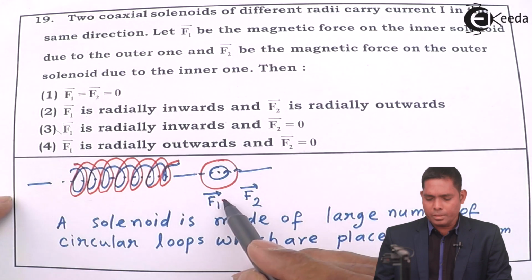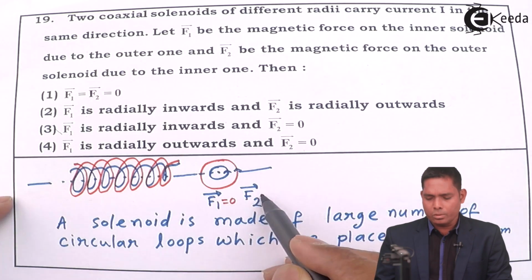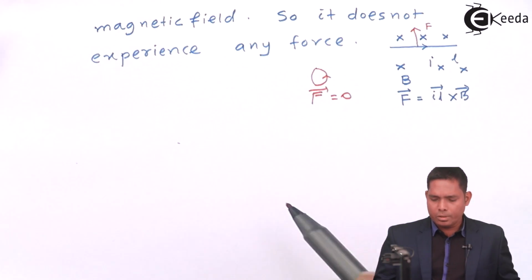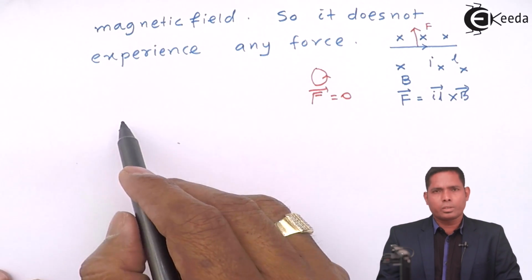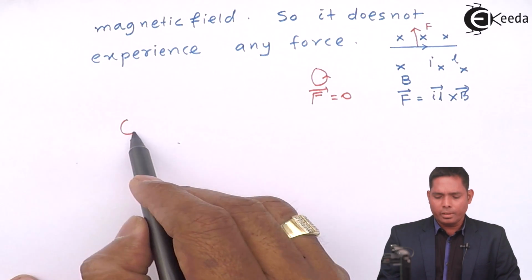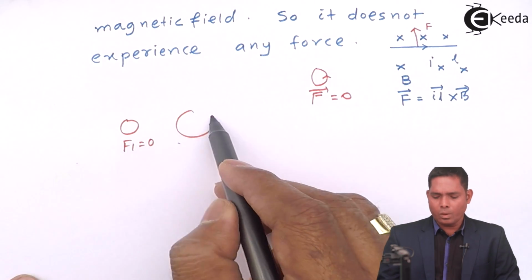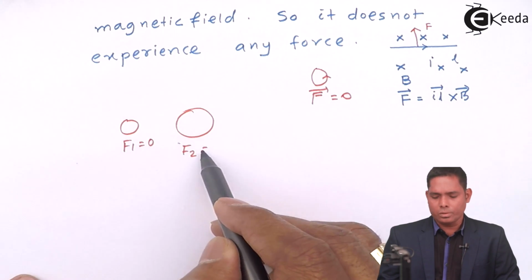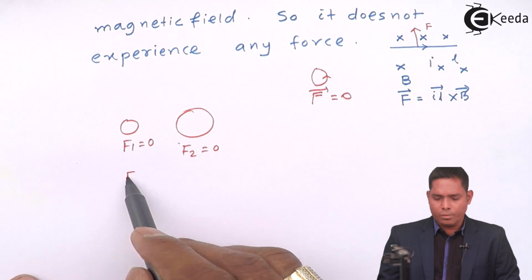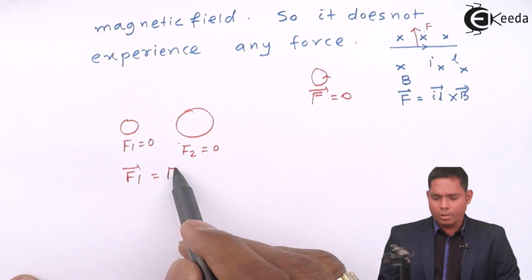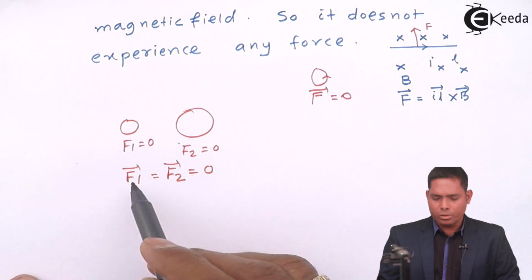It will not experience any force. This is 0 and this is also 0. That means the force experienced by the inner solenoid, F1, is also 0, and the force experienced by the outer solenoid, F2, is also 0. That means the force F1 is equal to F2, and that equals 0.